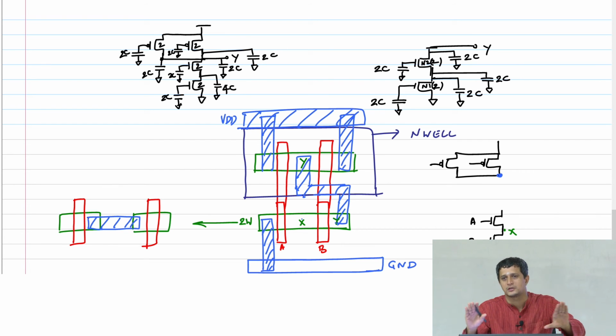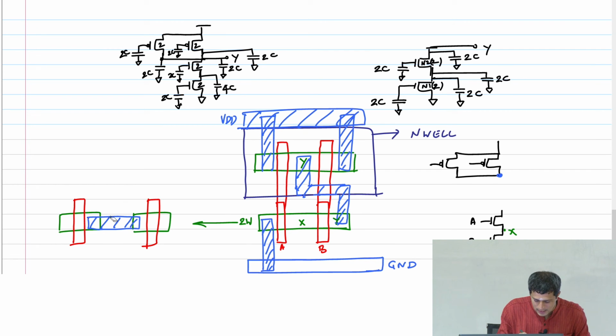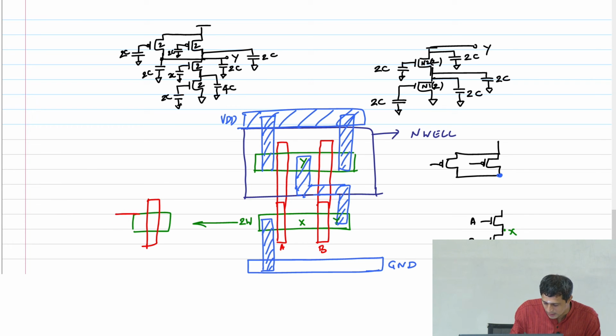I can pull the transistors very, very close, right? Therefore, I can simply remove this whole metal thing and move the transistor as close as I can to it and draw my gate.